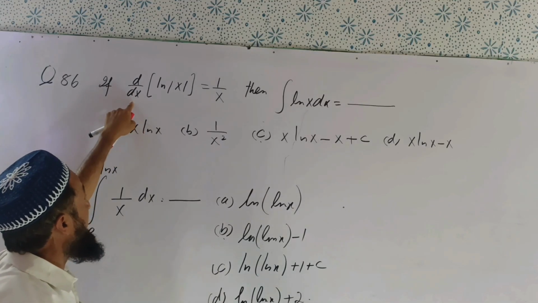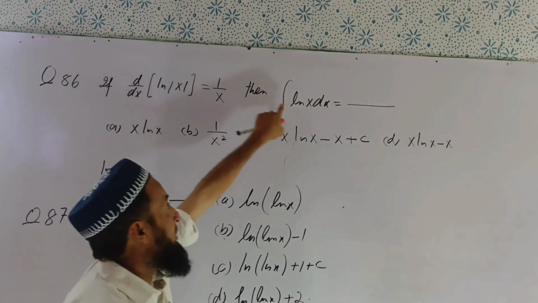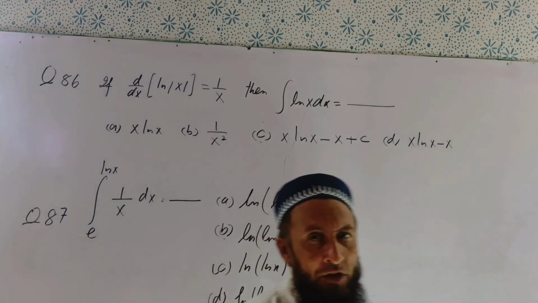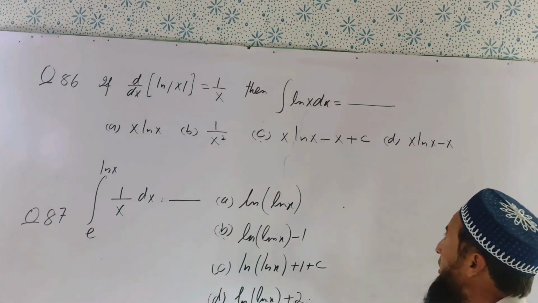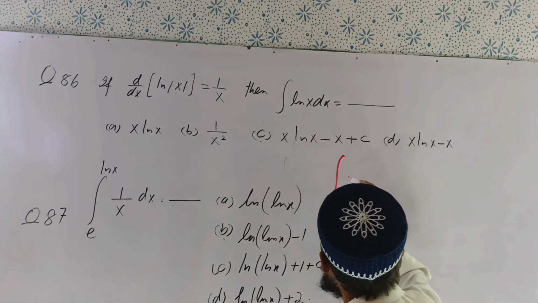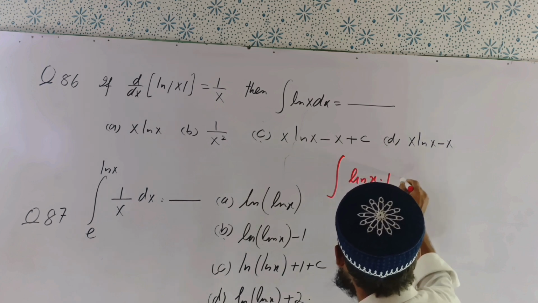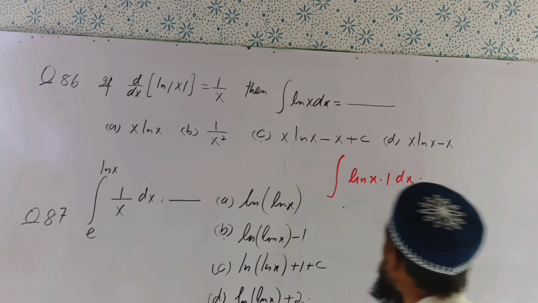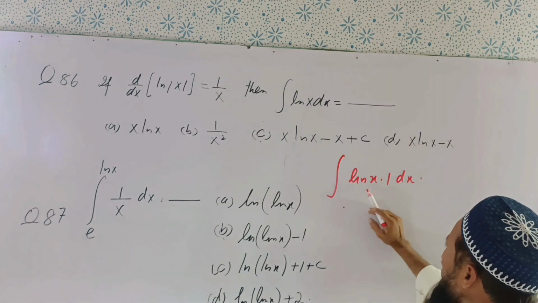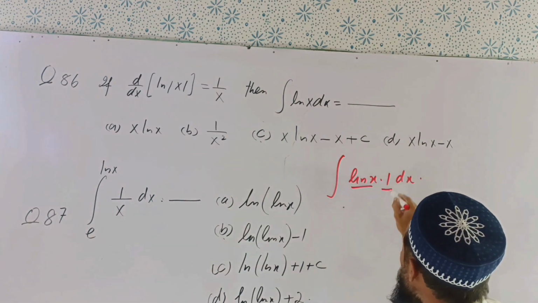The condition is given: the derivative of log of x is equal to 1 over x. Then what is the integration of log of x dx? Here we use integration by parts, with log of x and 1 into dx. Log of x we take as the first function and 1 as the second function.